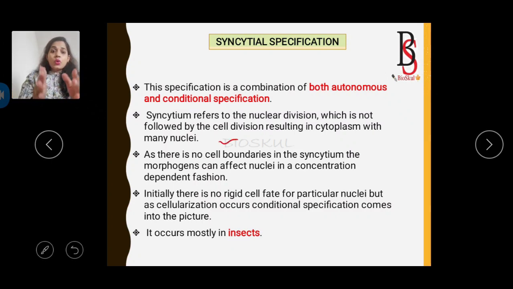As there is no boundary in the syncytium, the morphogens can affect the nuclei in a concentration-dependent fashion. Initially, there is no rigid cell fate for a particular nucleus, but after cellularization, conditional specification comes into play. This type of specification is mostly seen in insects.